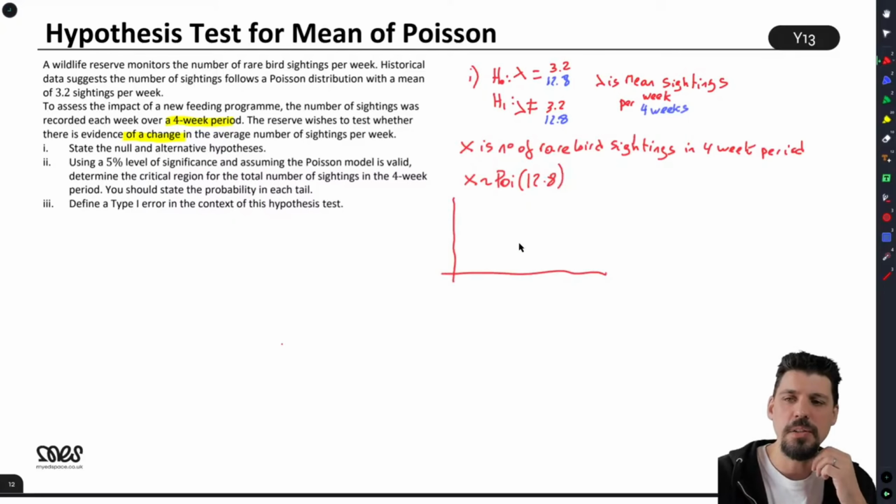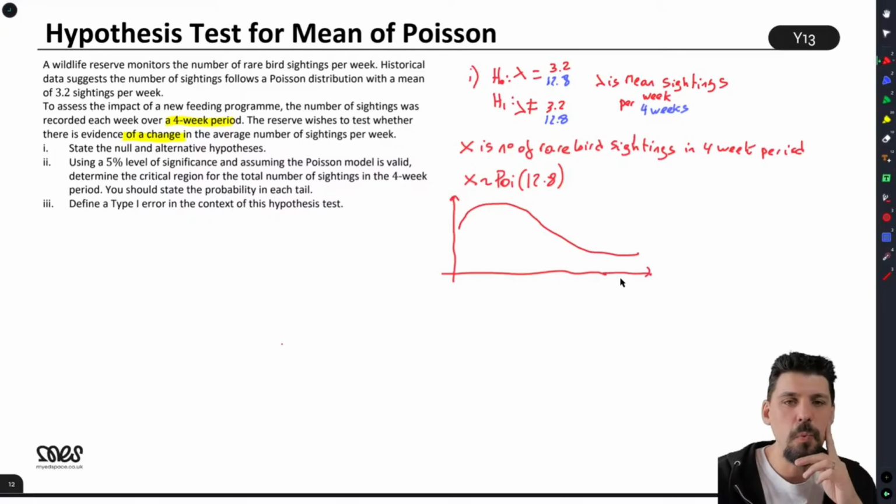Now, a Poisson distribution tends to look something like this. It's got some skew to it. We want the critical region for a 5% level of significance. Remember, two-tailed test, that means we are trying to find the lower tail at 2.5%, and we want the upper tail at 2.5%.